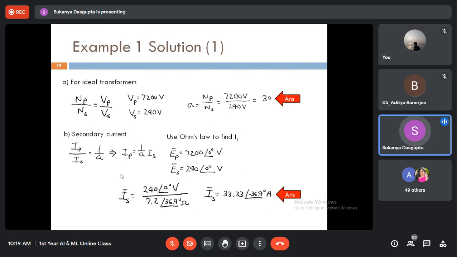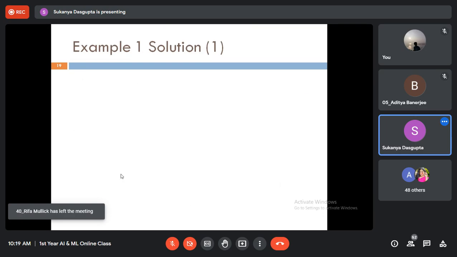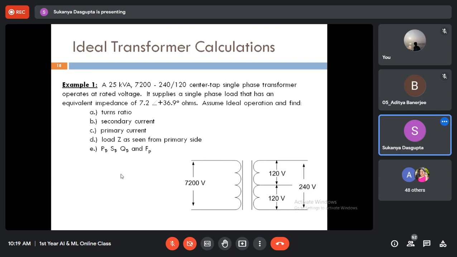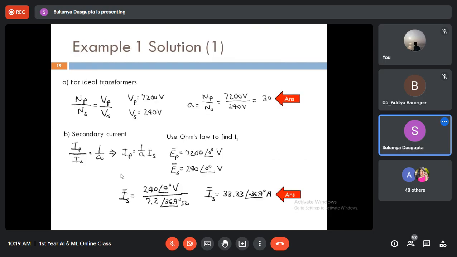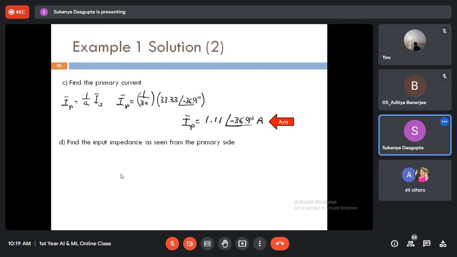A is already calculated. Once secondary current is known, you can calculate primary current using the relationship 1 by A times IS.